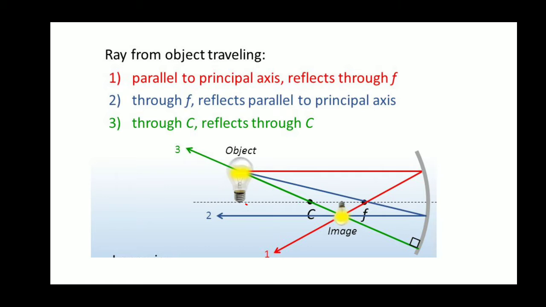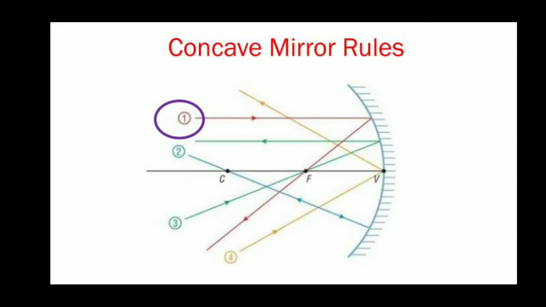The second, the blue one, is an incident ray passing through the focus; after reflection, it goes parallel to the principal axis. The third passes through the center of curvature and retraces the same path. This is the basic idea you should know for today's class on how image formation takes place.